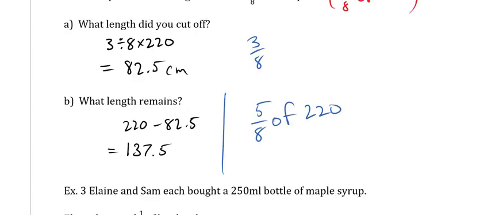Nice. Well, how'd you do it? What'd you type into your calculator? 5 divided by 8 times 220. Gives you 137.5. Confirms our answer. And it better. If 3/8 are gone, 5/8 are left.